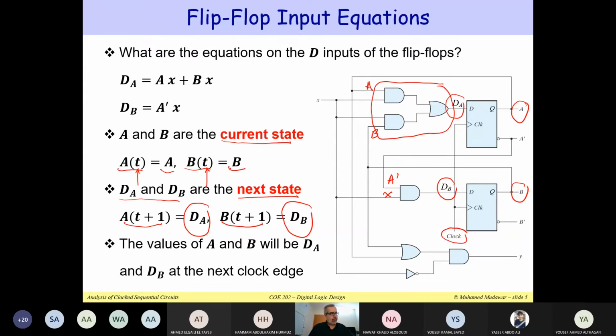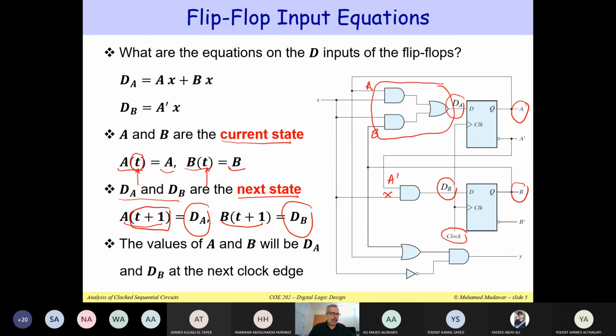Yes, Fadal. What does it mean by t plus 1? It means next cycle. Because t means now, t plus 1 means next cycle. If t is now, then t plus 1 will be after the rising edge. So the rising edge of the clock will define the beginning of the next cycle.